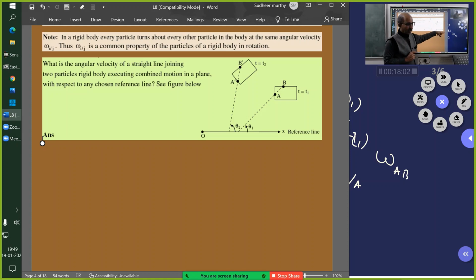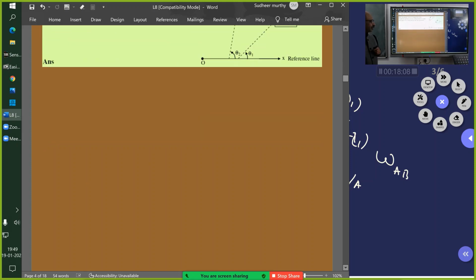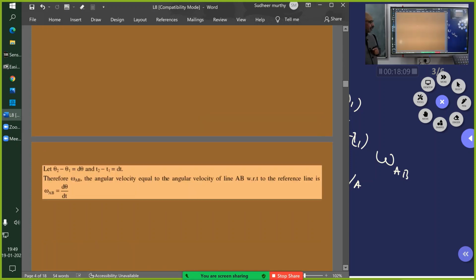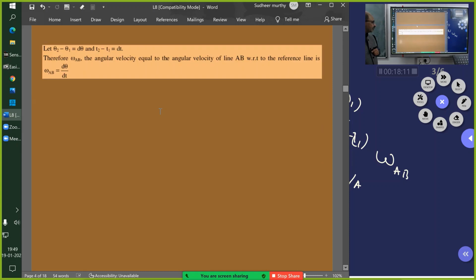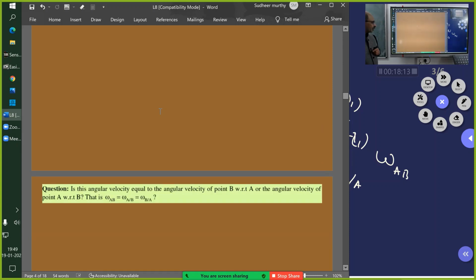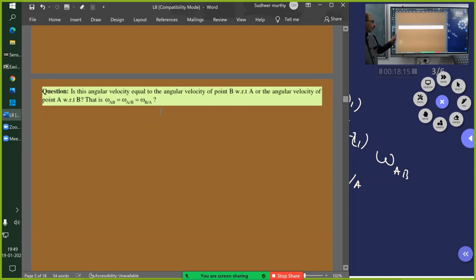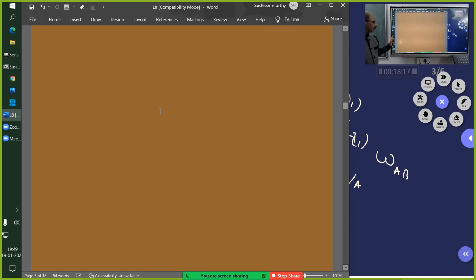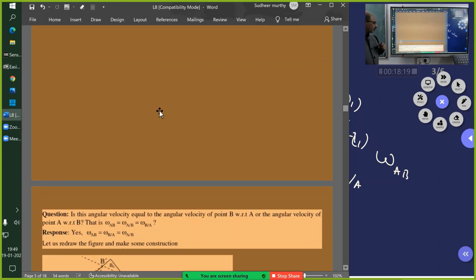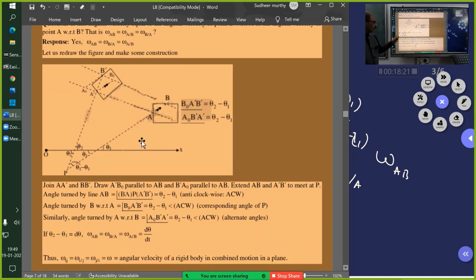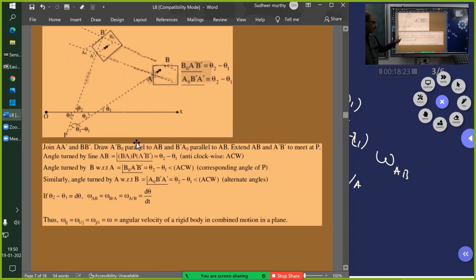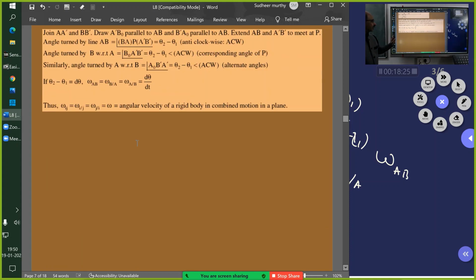And in this context, we have proved this is equal to this. Any questions here? So we proved this, correct? The same construction is also done here.